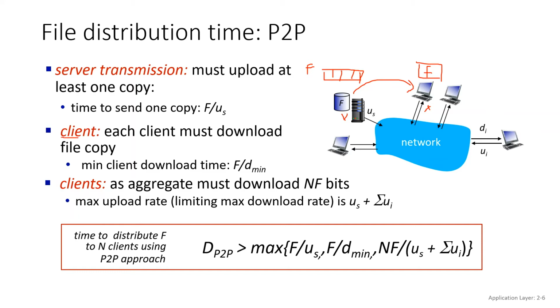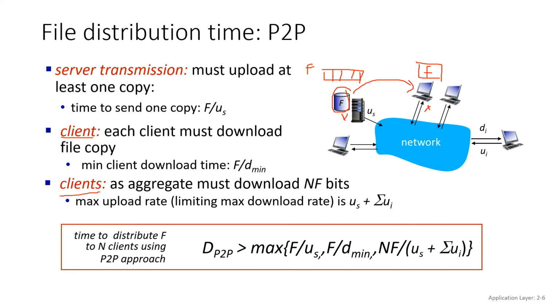From the client's point of view, the client must download the file from the server, or from the computer that has the file. The computer that has the file in this instance is the server. The computer that requests the file is the client.